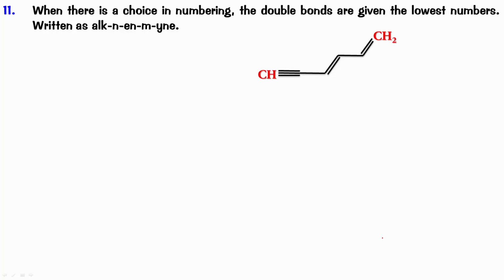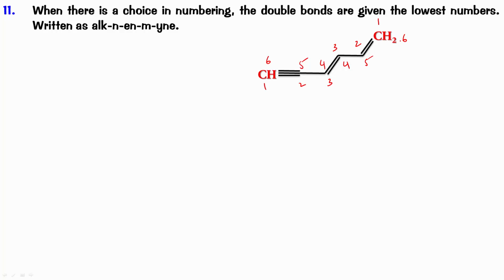So this is the way we're going to go. When I start giving the numbers, let me try from the right side first. 1, 2, 3, 4, 5, 6. Do the reverse way. 1, 2, 3, 4, 5, 6.